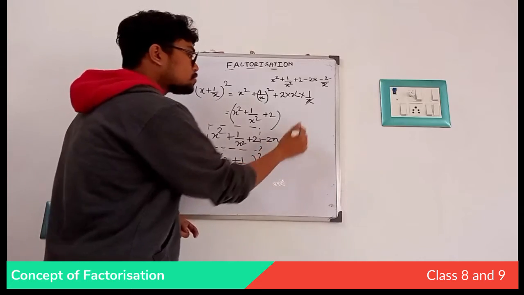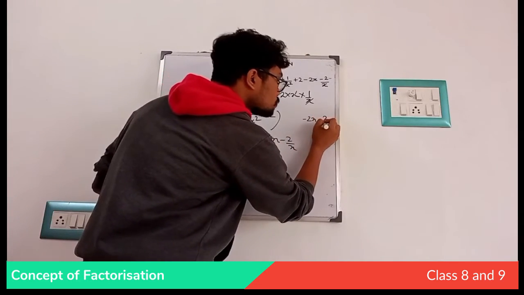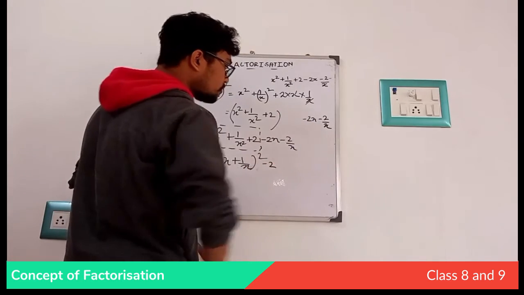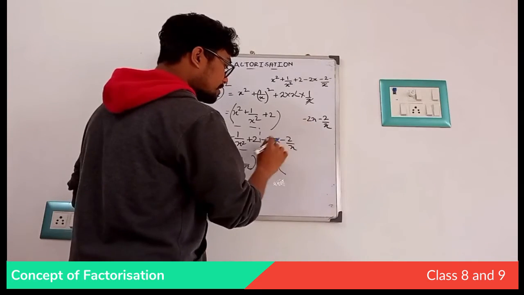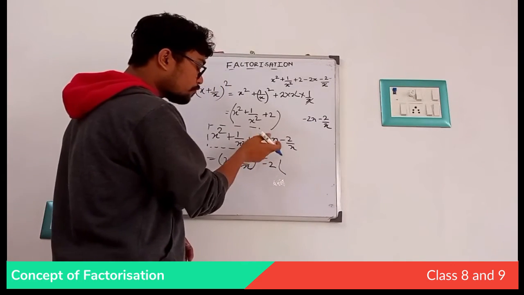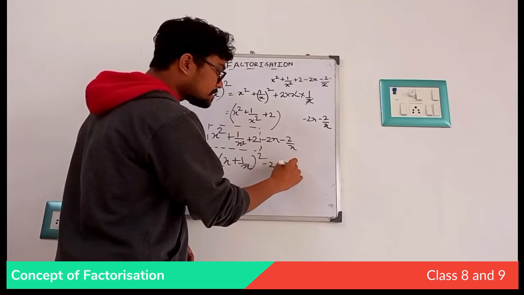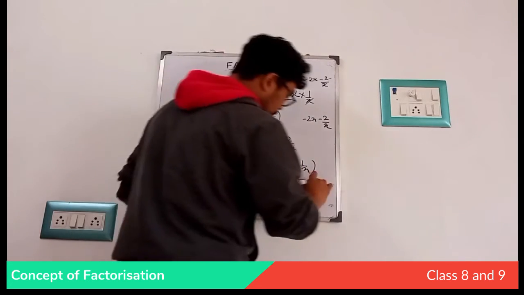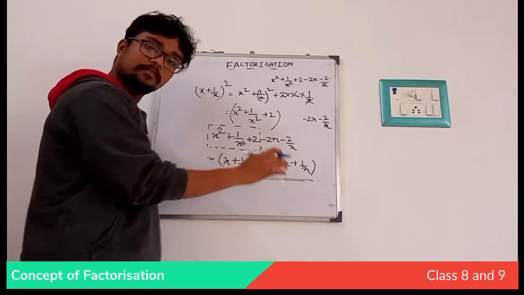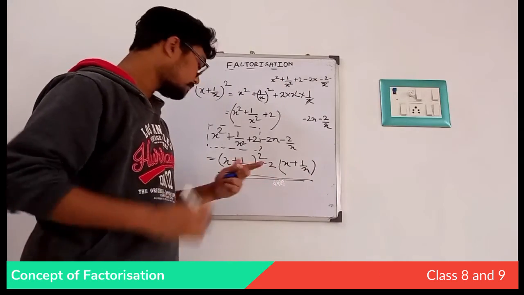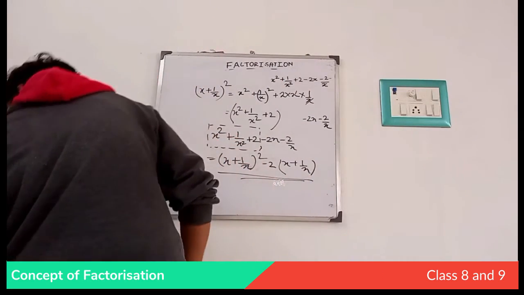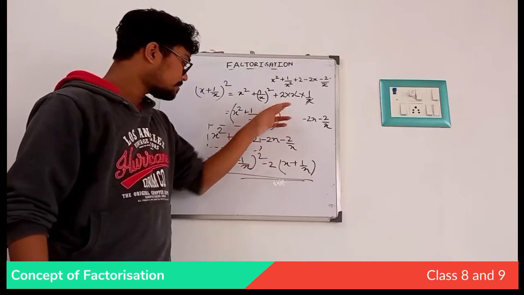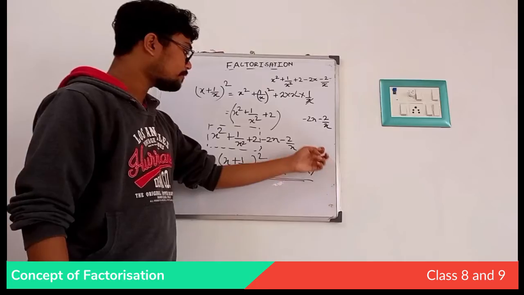Minus 2x minus 2 by x. So what is the common part in this case? Minus 2 is the common part. If I take minus 2 from these two terms, we have x plus 1 by x. Understand this from up to this, we all understand.